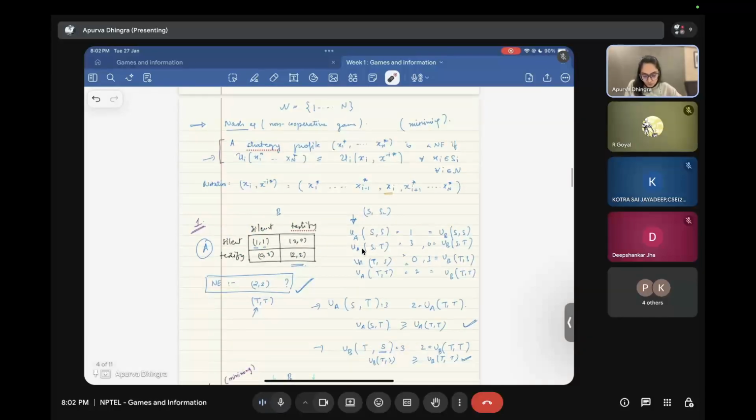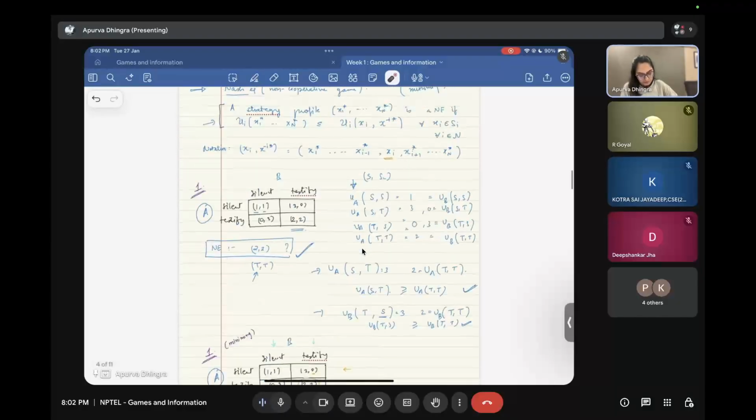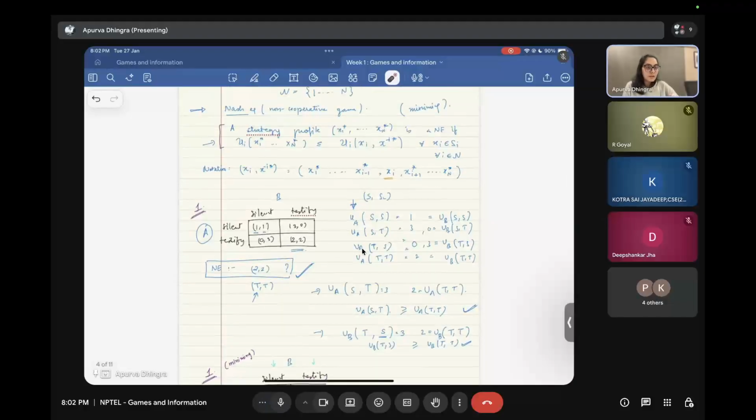Then we went on to talk about one particular concept of a solution here, which is called Nash equilibria, which says that no agent, so now this is something I'm going to just say it in English, I'm not going to go through the definition. It just says no player benefits from unilaterally deviating from his action given the others are doing the best action possible.